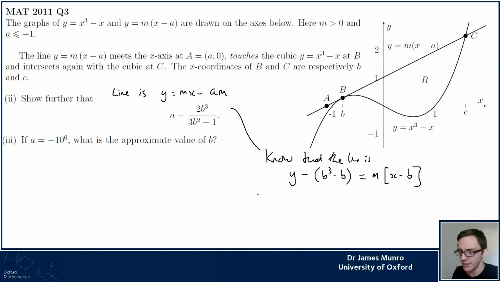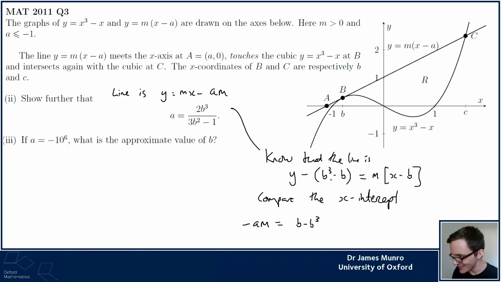Okay, so compare the constant terms, and compare the x-intercept. When y is 0, you get minus am is equal to, and then on the other hand, the x-intercept over here is going to be b minus b cubed over m plus b, or something like that.